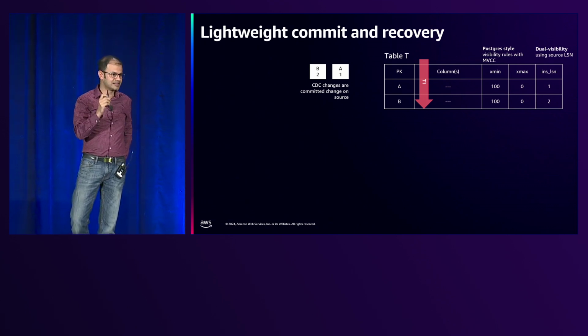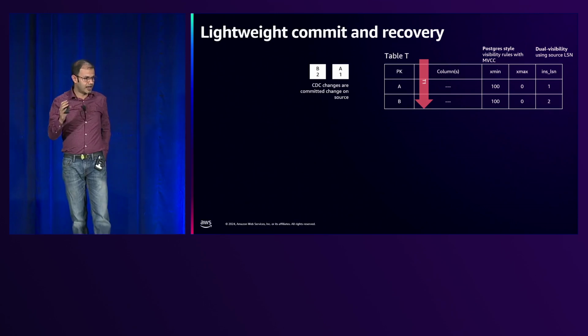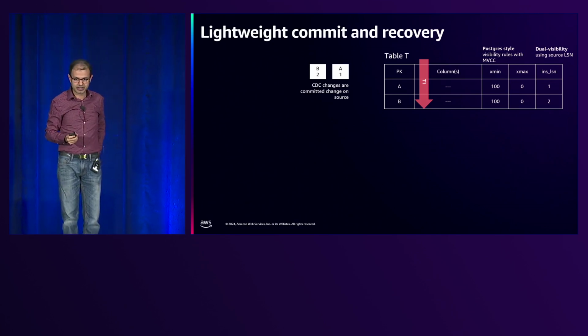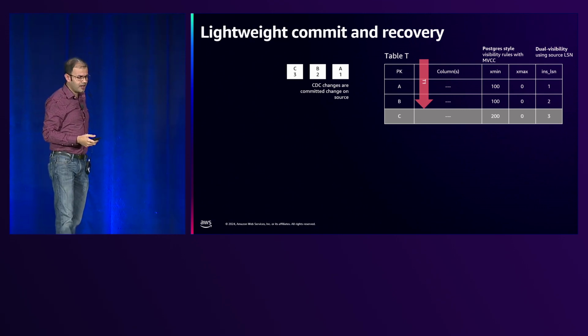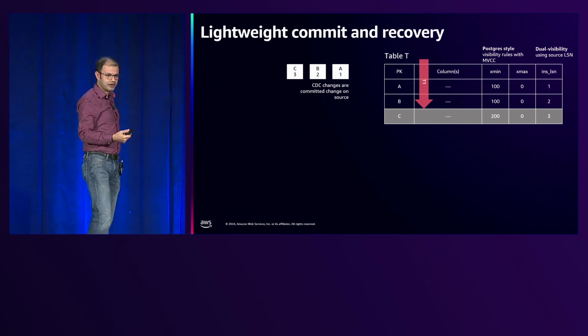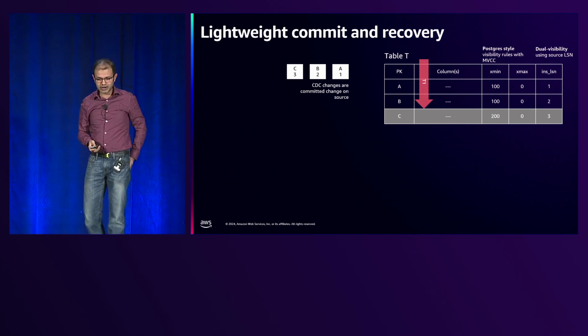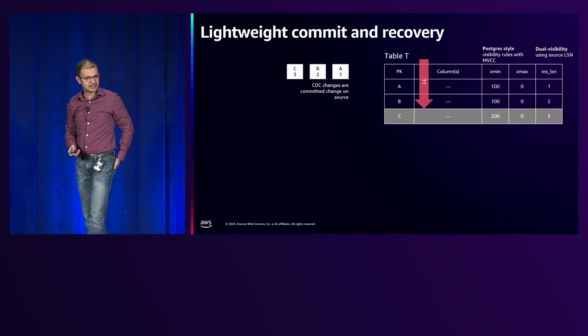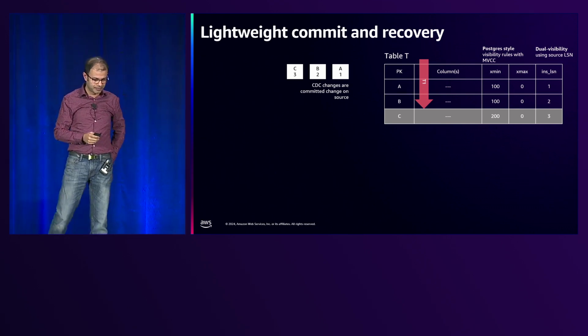So while this transaction is active, it will only see these two tuples and no other tuples that get added to the table. While this transaction T1 is active, assume that more changes are happening on your operational database, which is again getting replicated. In this case, the row C got added, which got a Redshift transaction ID of 200 and the Aurora LSN of 3, for example.